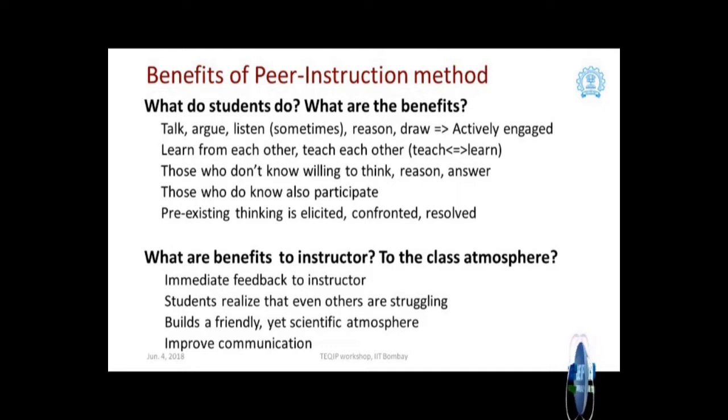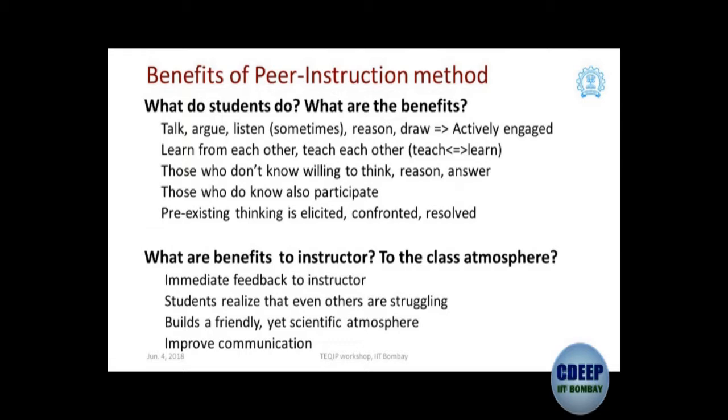And then a few other things. Those who don't have a clear understanding are willing to engage because it's an easy enough question. Nobody asks the students to memorize and write some formula. It's something that everybody can jump into. So even if they don't have strong prior knowledge, they'll get in.